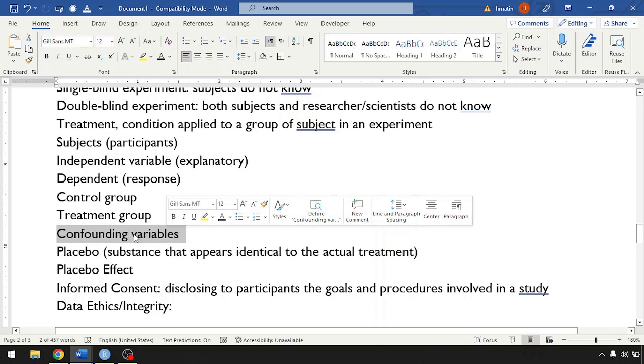But just to understand, confounding variables are any underlying or secondary variables that are missing in testing the relationship between two variables. But just because they're missing does not mean that we don't know them.